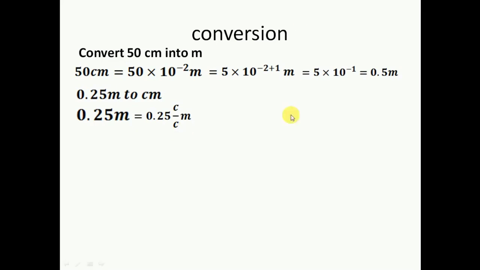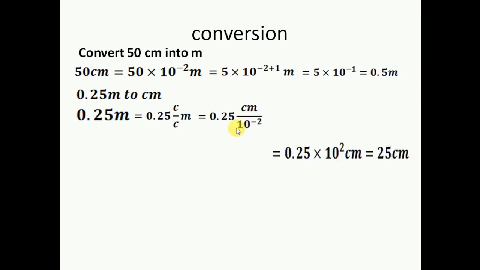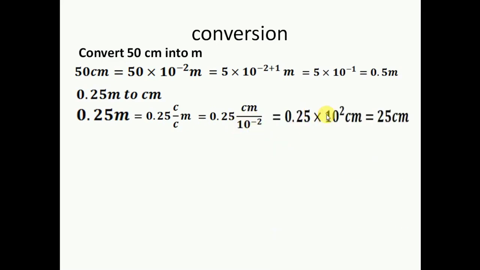So I got now centi and meter, but I don't want this centi, so I'll just put the value for this centi. So this is 0.25 centimeter divided by the centi, which I don't need, is 10 to the power minus 2, the value I put. So now I'll take this up, it will become 10 to the power 2. Then if you multiply this, you will get 25 centimeter. So 0.25 meter is 25 centimeter.